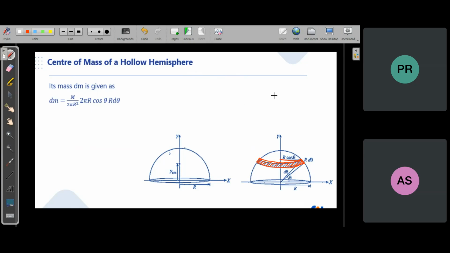Here how will you find dm? Because here mass is not distributed on length only but on the area, and the element is a small area of the hemispherical shell. So here dm you will not write lambda, here you will write sigma, surface density or areal density, into area of the element.